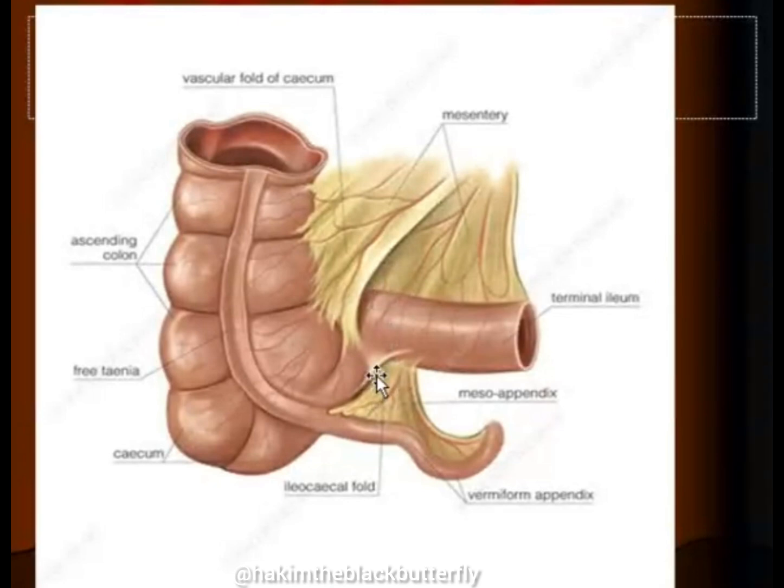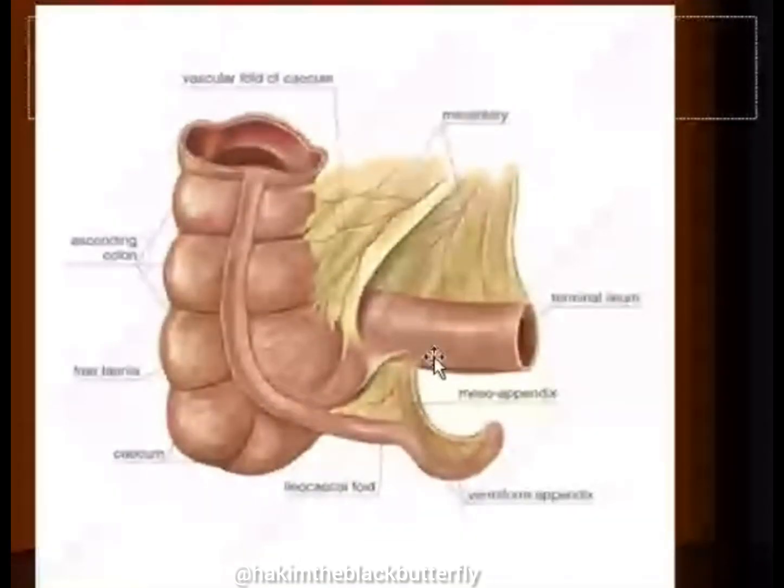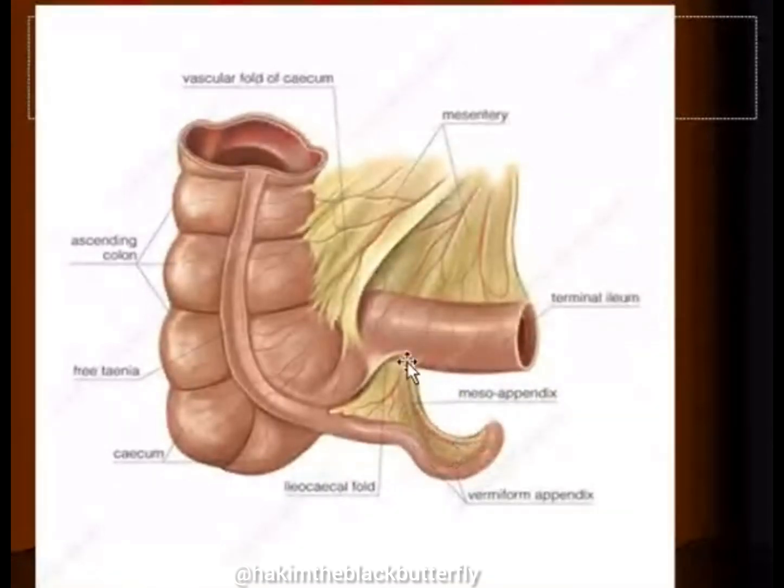And then the posterior ileocecal recess is posterior; we cannot see it here because it is lying posterior. Then here we are seeing part of the peritoneum of the ileum peeling off to form the mesoappendix to suspend the appendix, within which we have the appendicular artery coming to supply the appendix.